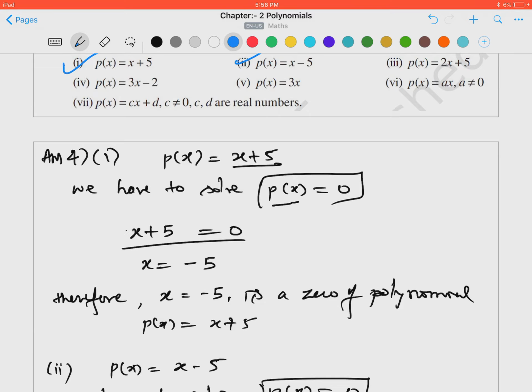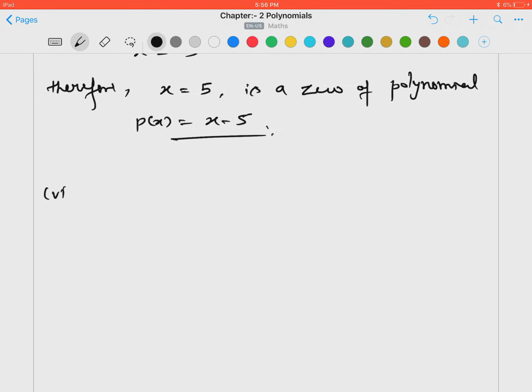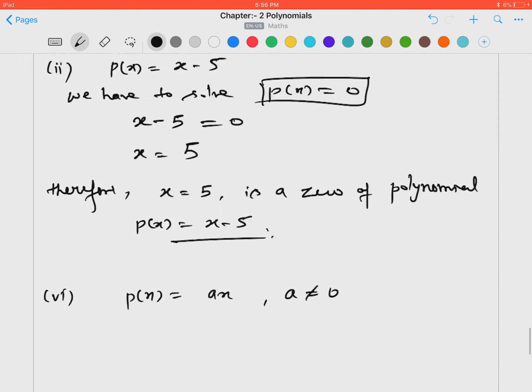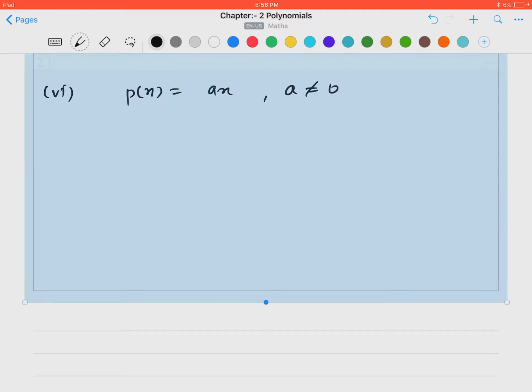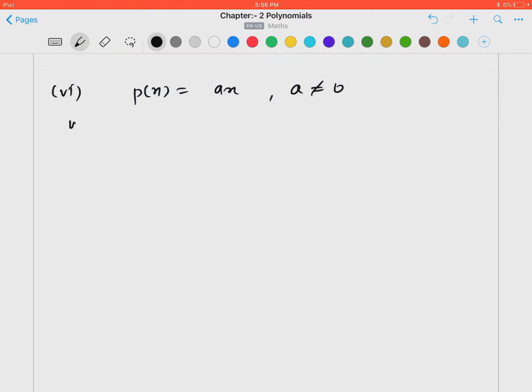So the sixth one is p(x) equals ax, where a is not equal to 0. In order to find its zero, we have to solve p(x) equal to 0.